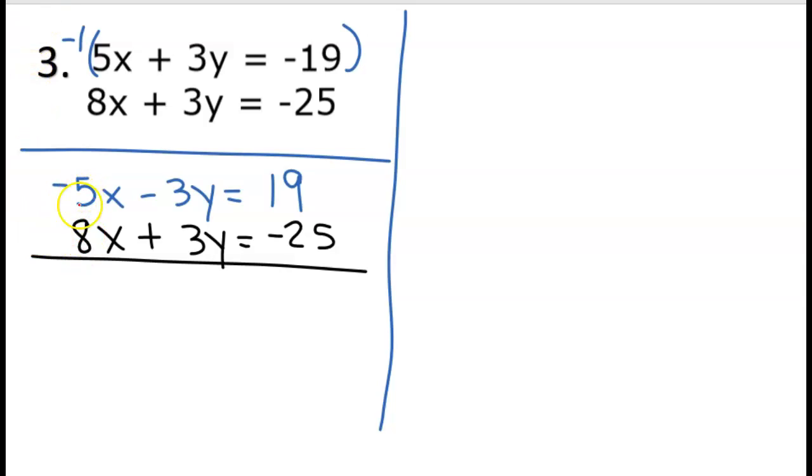What do you get when you add up the columns? What happens here? It cancels out. These have opposite signs, so you subtract them and take the sign of the larger number.